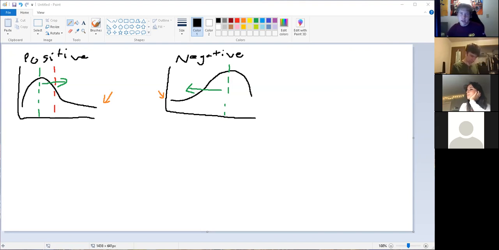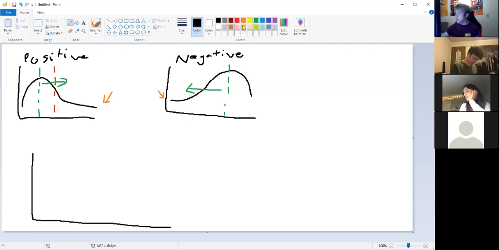It's if your data has a mean of 42, a median of 32, and a mode of 31.